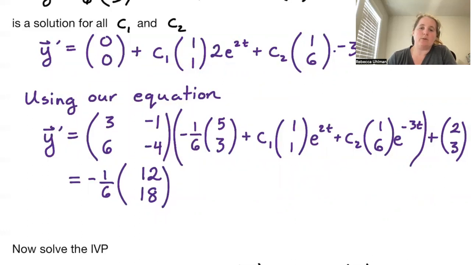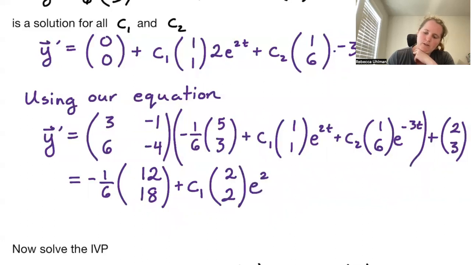All that times -1/6. Then we have plus c1 times 3, -1, 6, -4 multiplied by 1, 1, which would be 3 minus 1 or 2 for our first row, and 6 minus 4 or 2 for our second row, times e to the 2t.